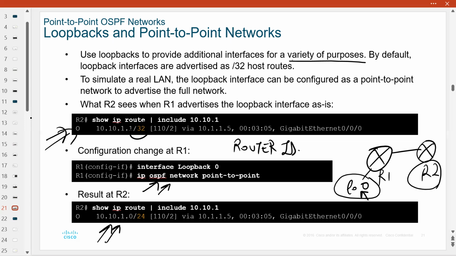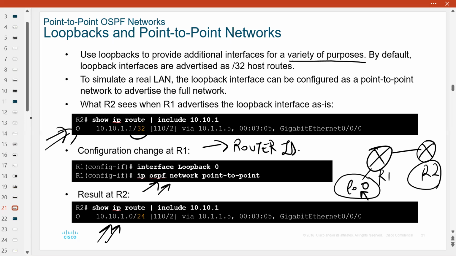So this is just a demonstration of how you can use the loopback interface for a variety of purposes. Purpose number one, if you configure it as a host route, it behaves as a host, and that address can be used maybe as the router ID if you do not configure the router ID manually.